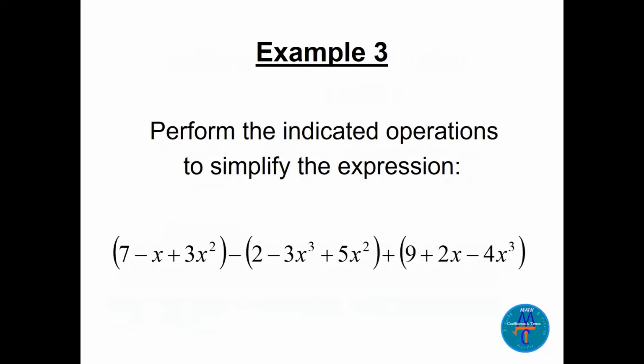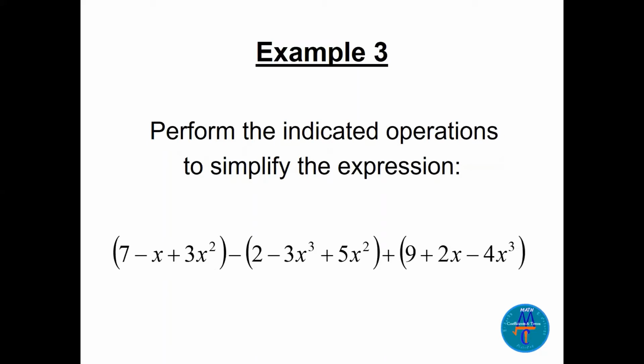Let's look at this nice example. Please try to pause the video now. Simplify all this. Look at the question. Perform. Perform means do the indicated operations to simplify the whole expression. So we have something minus something plus something. So the answer should be something.